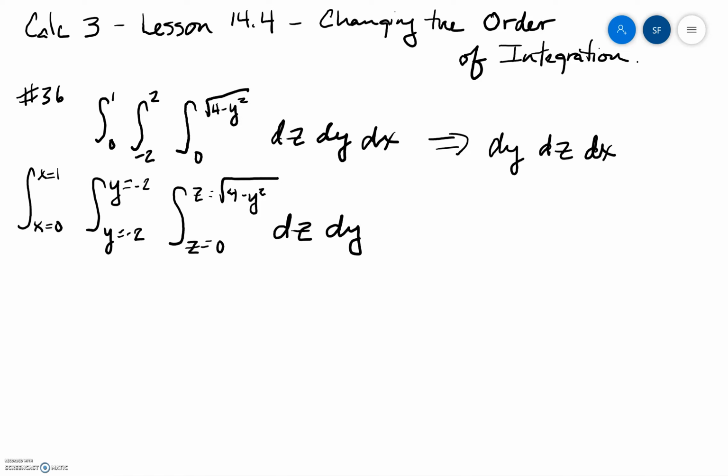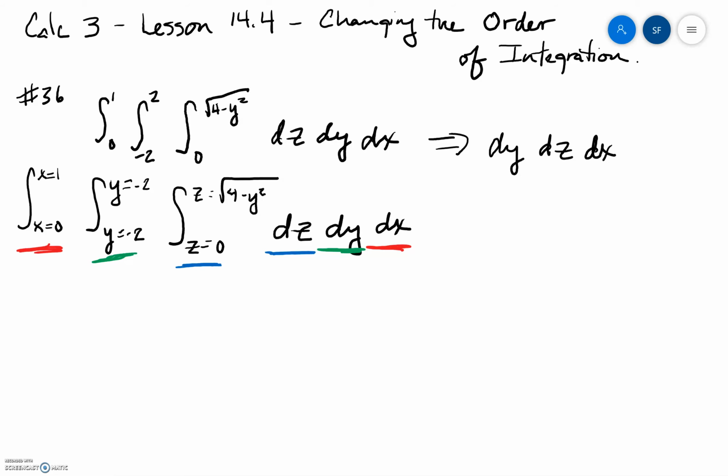Since the inner differential is in z, the limits of the inner integral are in terms of z. The next one out is y, so the limits are in terms of y in the middle one, and the last one is in x, so the outermost one is going to be in terms of x.